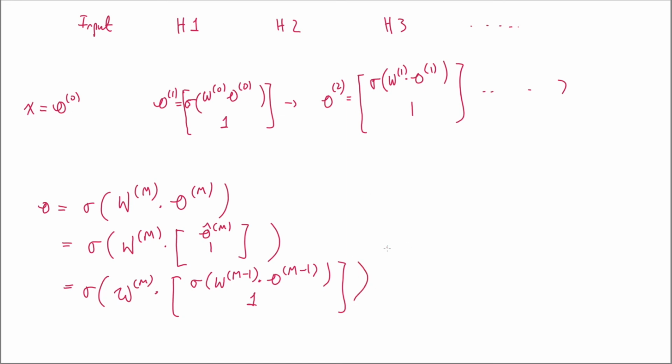Okay, and this again is equal to, so we can keep going, right? I'll do it for one more step. Okay, this is going to get pretty ugly, but I'm just going to do it anyway just to show you the dependence.